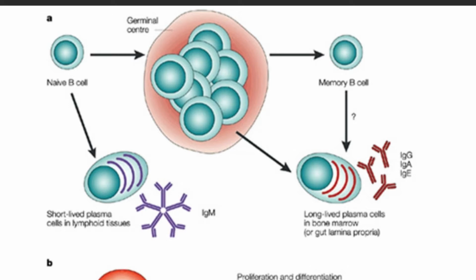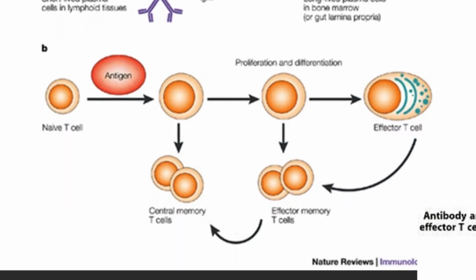Now, generally speaking, the same thing is true of naive T cells. Naive T cells encounter antigen, of course, always via the presentation of antigen by antigen presenting cells.